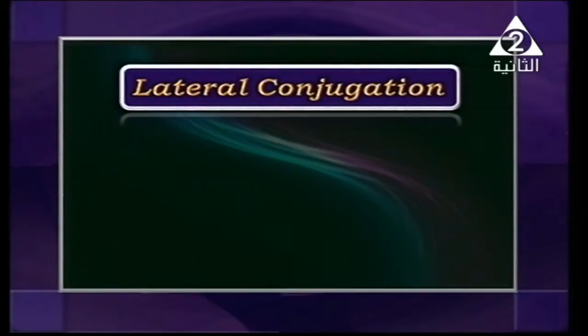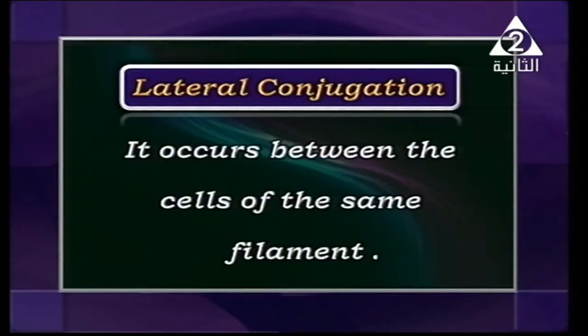And the second type is lateral conjugation. Remember, in scleriform conjugation, two different filaments are near to each other, while here it occurs between the cells of the same filament. The filament looks like a ladder and consists of more than one cell, each two cells following each other.